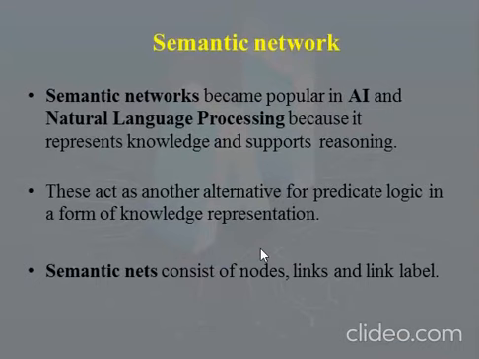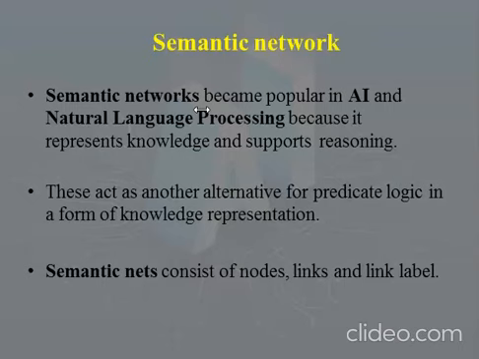Now let us see the weak slot and filler structure. As we have said, semantic network forms one form of weak slot and filler structure. It represents knowledge and supports reasoning. This form of knowledge representation is popular in artificial intelligence because of its use in natural language processing and as it supports reasoning.